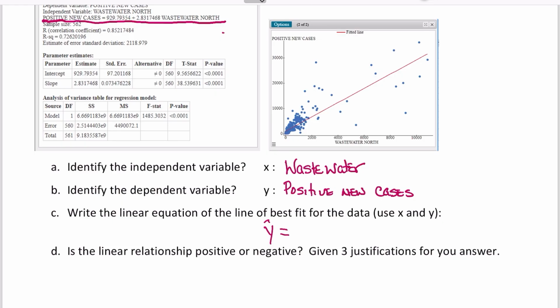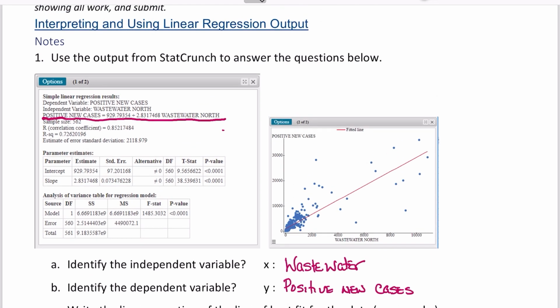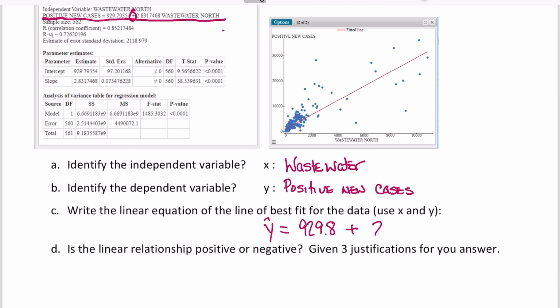So Y hat is equal to 929, I think I'm going to round to one place on that intercept, 929.8, plus, notice back up here on this equation, here's this plus 2.83 times the wastewater measurement, which is x.